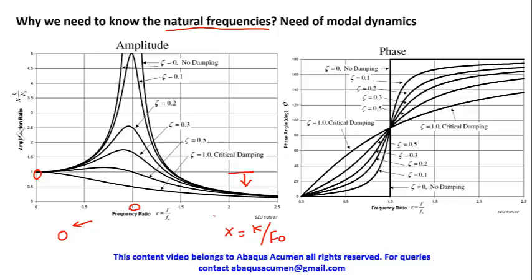So that means if somebody starts putting load very frequently and the ratio of the loading frequency is very high compared to the natural frequency, then you don't have to even bother about the dynamic condition. Then you can just do a linear static analysis, and for this type of ratio where the loading frequency is higher than 2, you don't bother about the dynamic response, because your dynamic response is even lower than the static response.